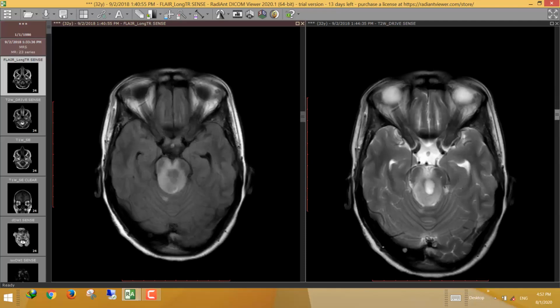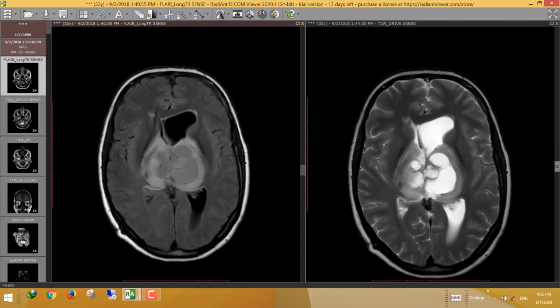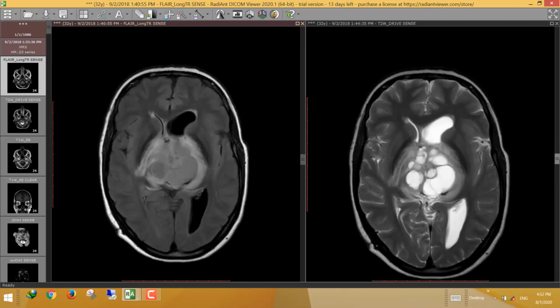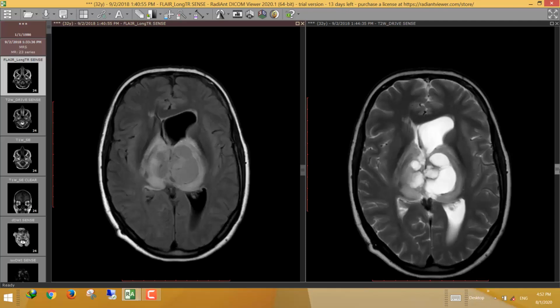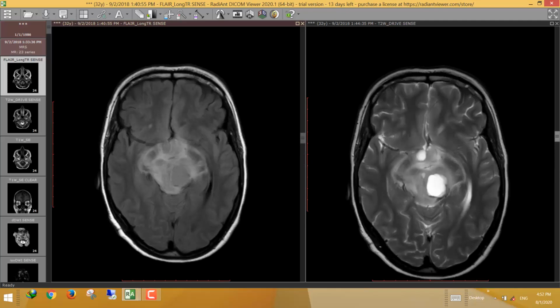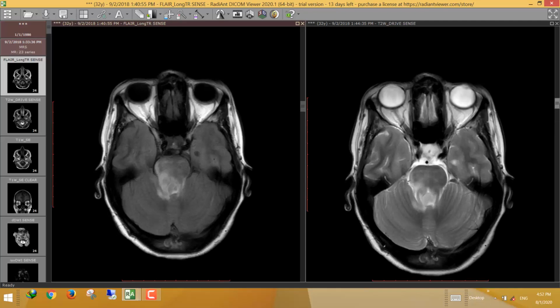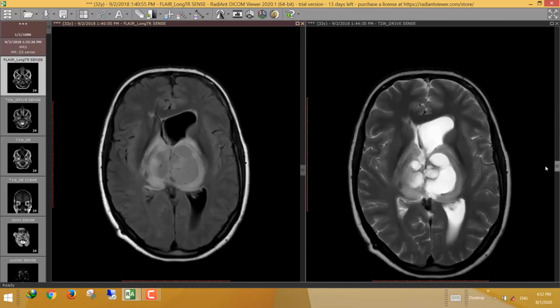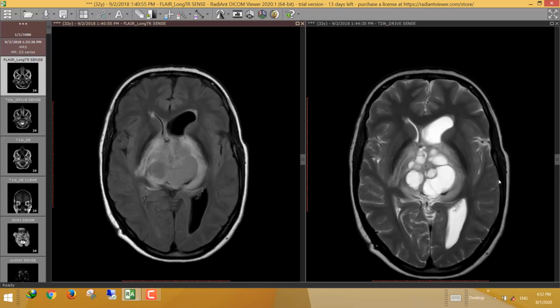So it seems that the lesion is intraventricular, extending along the ventricular system. The main bulk of the lesion is seen at the body of the lateral ventricle and extends inferiorly till the fourth ventricle.